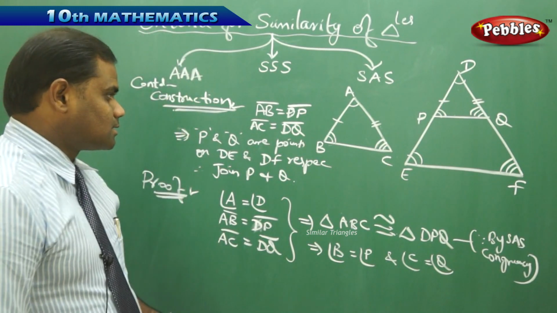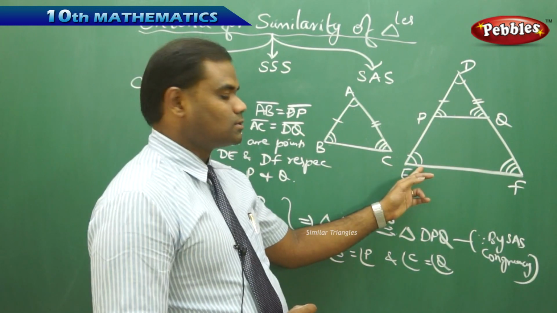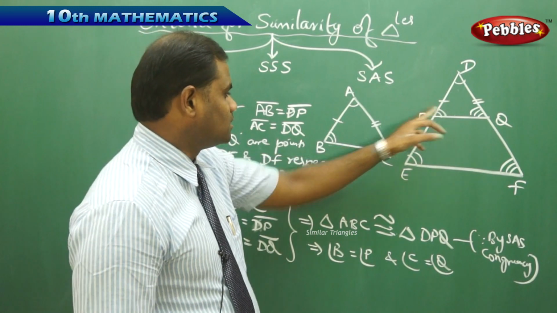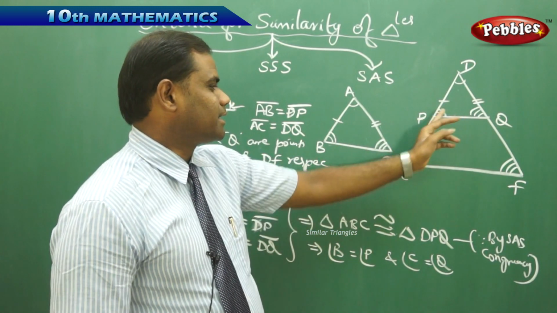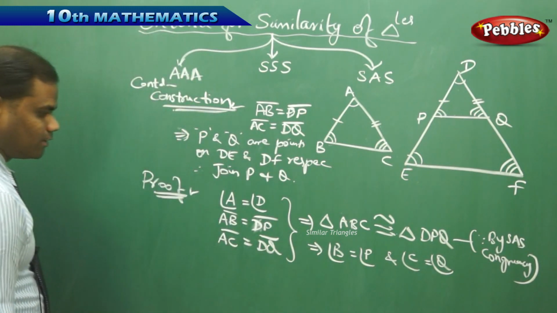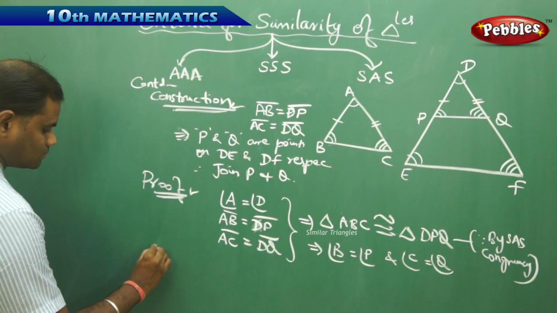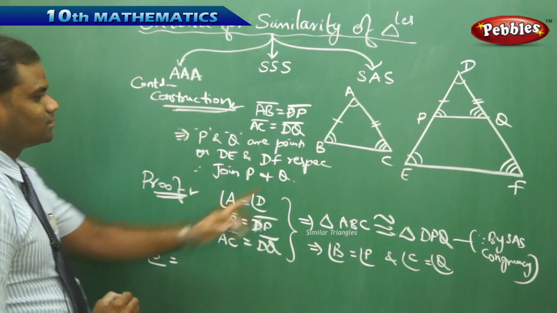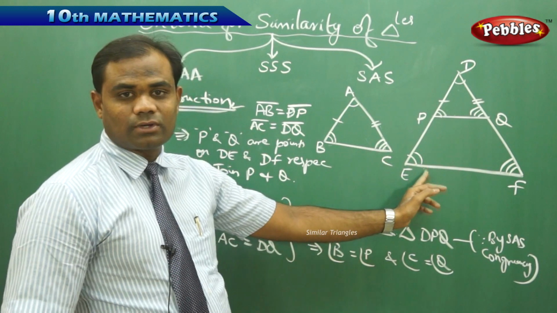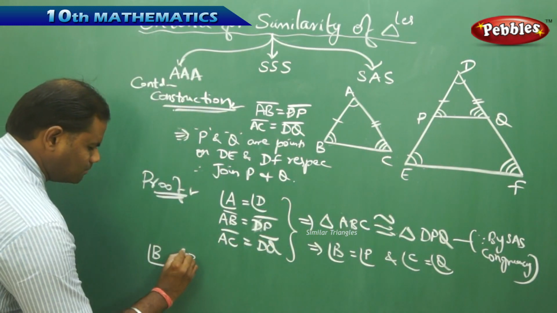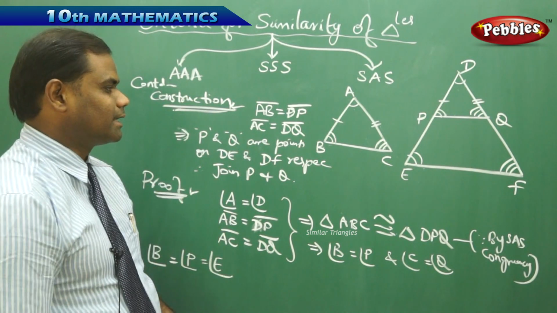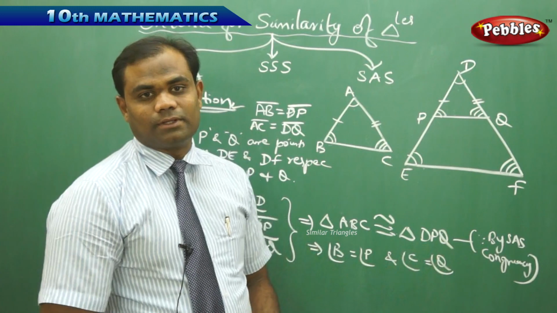Now connecting this, we already know that angle B is equal to angle E, and angle B is equal to angle P, which implies angle P is equal to angle E by the transitive property. So angle B is equal to angle P is equal to angle E, is what I get as the transitive property.